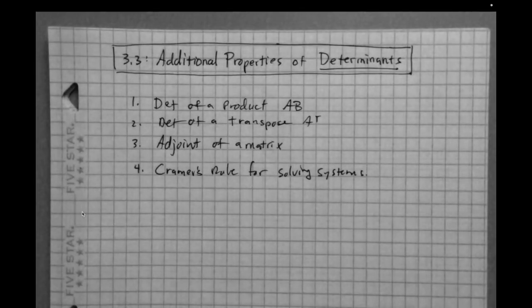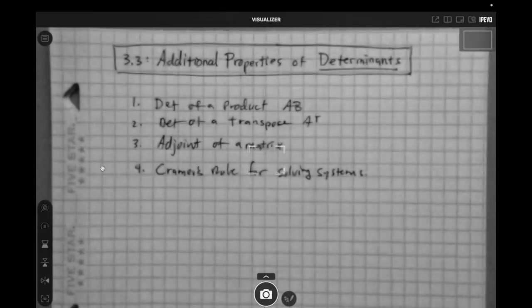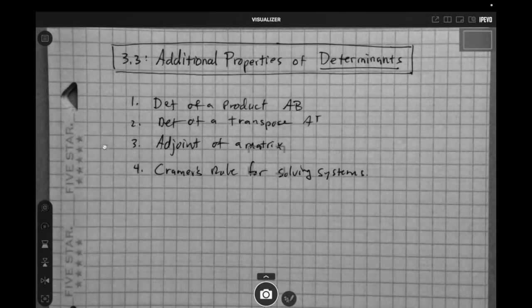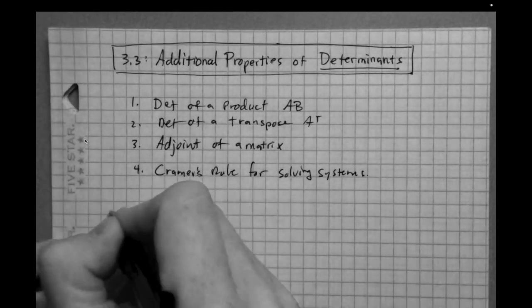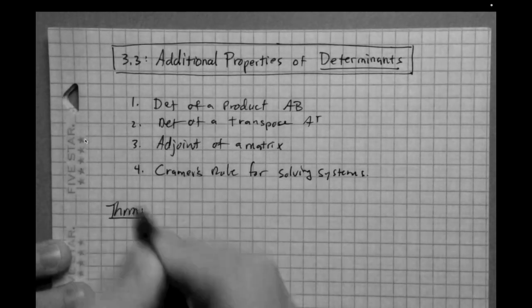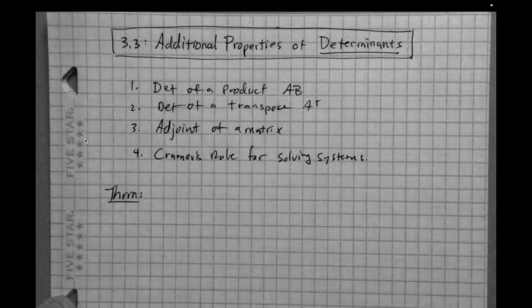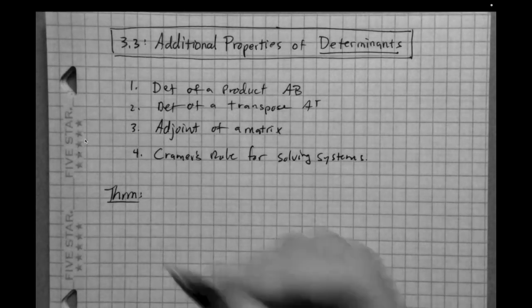Okay, the first thing we want to talk through is what happens to the determinant when we multiply matrices. This one couldn't be any more convenient.